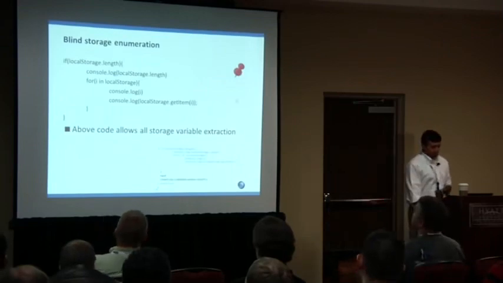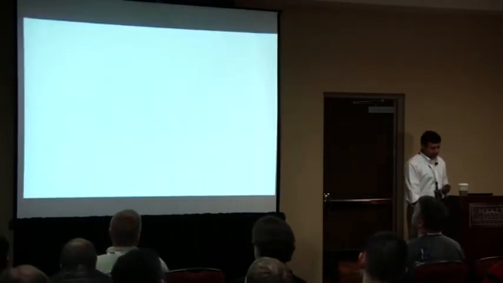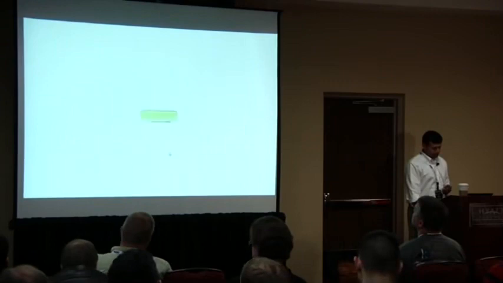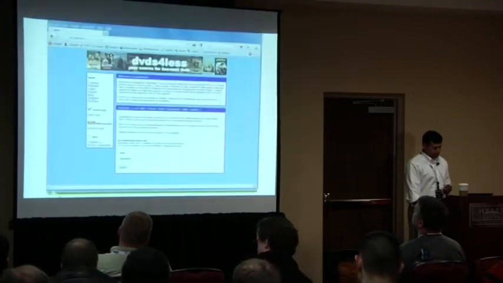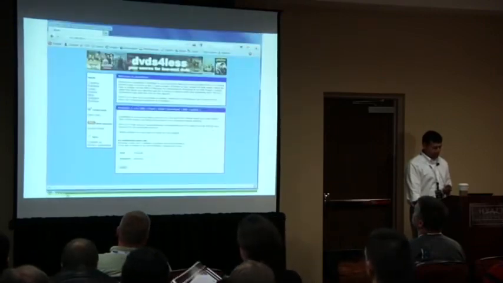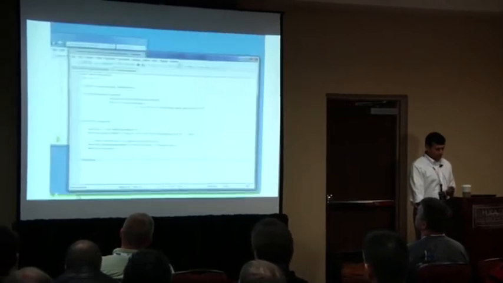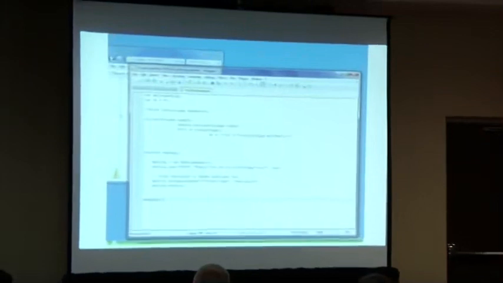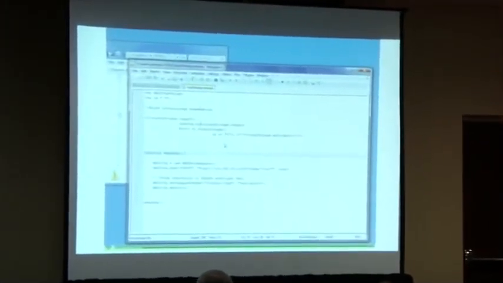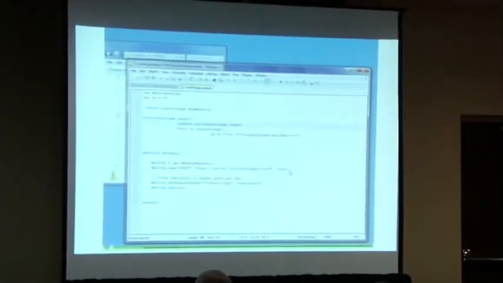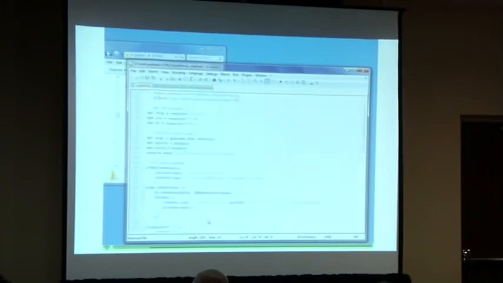So over here, for example, this particular application, you log in and you open up here. You send this kind of payload here. Let's say, run through the loop and send me back the values which you find from the local storage.